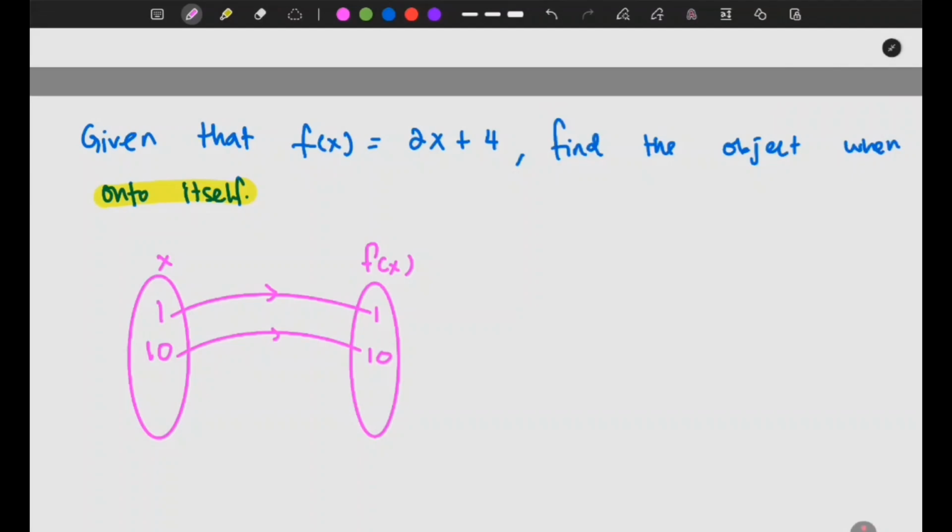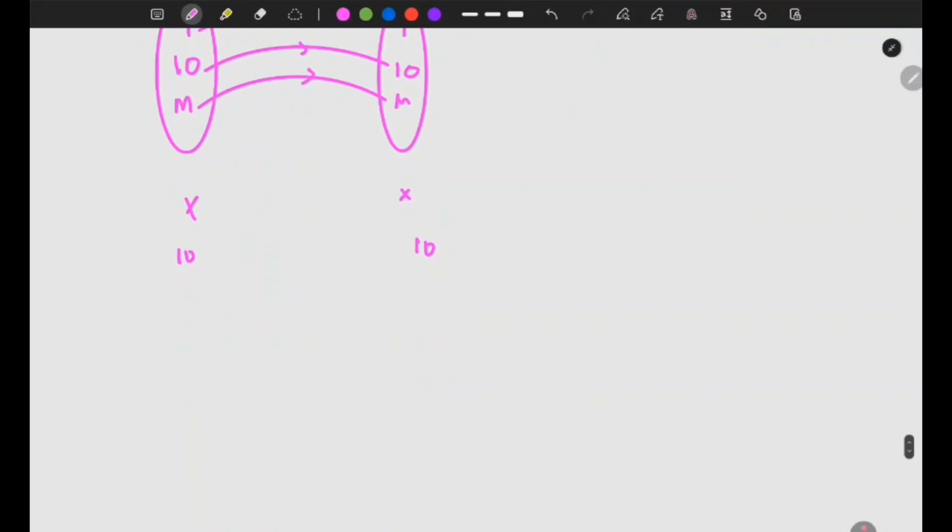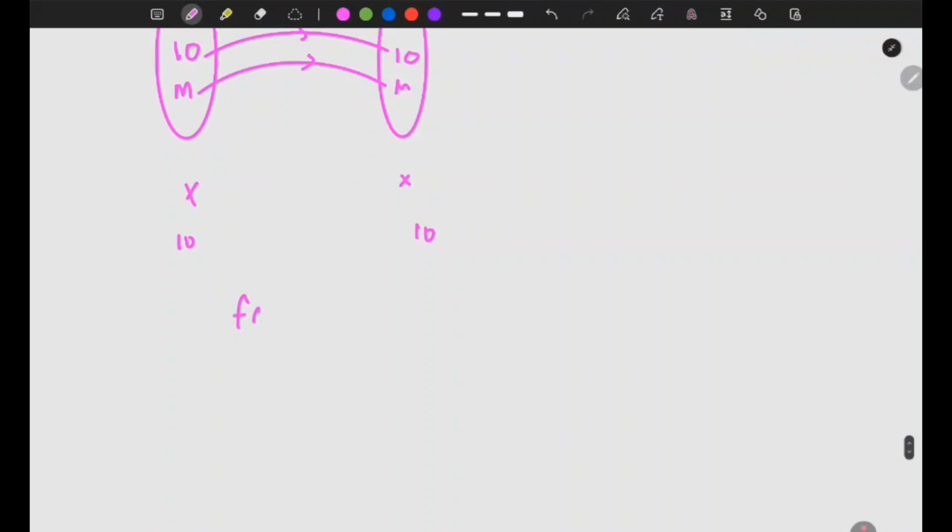You didn't plus or minus, nothing. If here is m, here will also be m. That's what is meant by map onto itself. Which means here also x, here also x. Here 10, here also 10. So from this I can come to a conclusion: no matter what, when it maps onto itself, your f(x) will always equal your x.